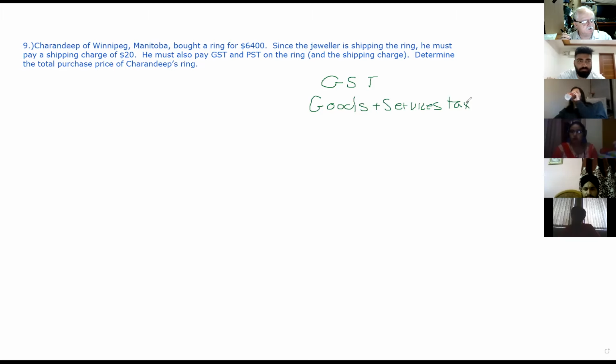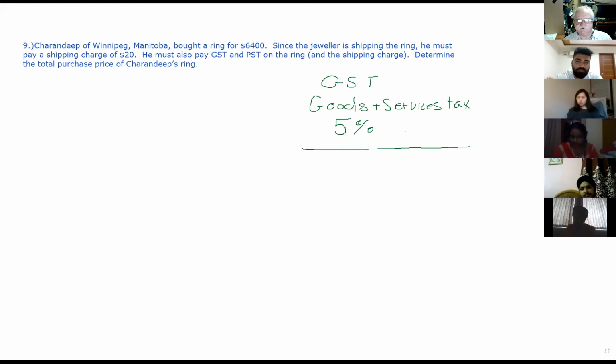I'm not familiar with the tax system you have in India. They eliminated your VAT? Okay, well, that's lucky for you. We still have a value added tax here, and it's called the GST. And it's 5% everywhere in Canada.